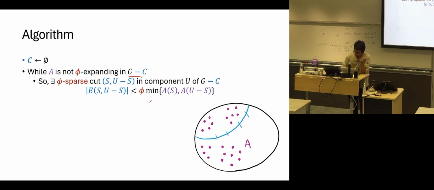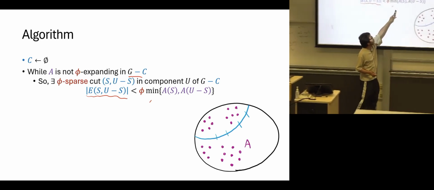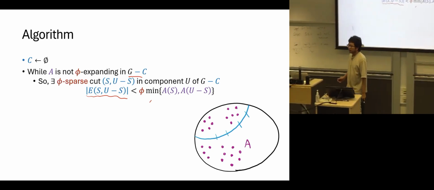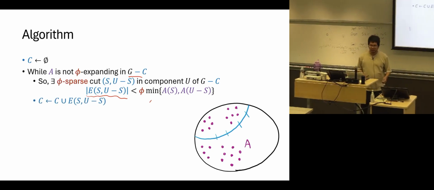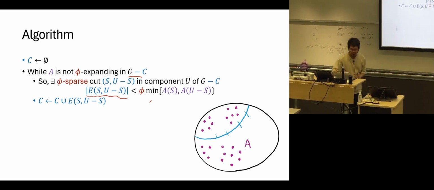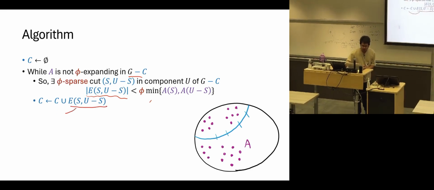This cut is such that the capacity, which right now I just think of as unit capacity, so the number of edges, is less than phi times A on both sides. Find that cut, and include the cut edges in C. Then after removing this cut from the graph, you check again if A is expanding in G minus C.